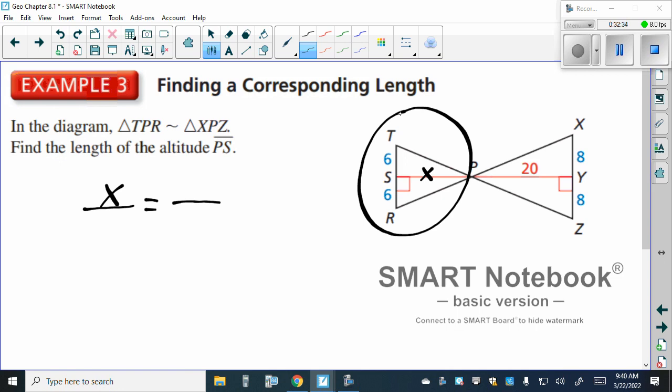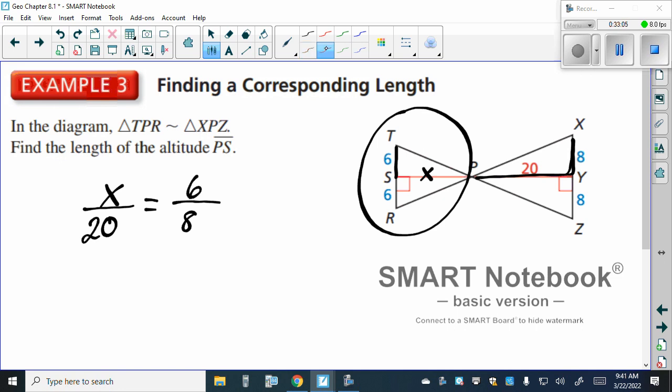Well, 20 would be below x. So 20 and x would be connected, yes. So where would 8 be? On bottom. Because 20 and 8 are together. X and what? X and 6.